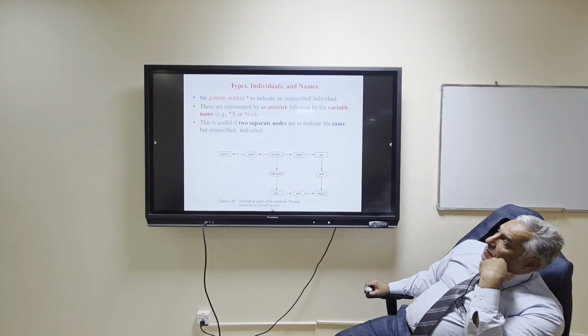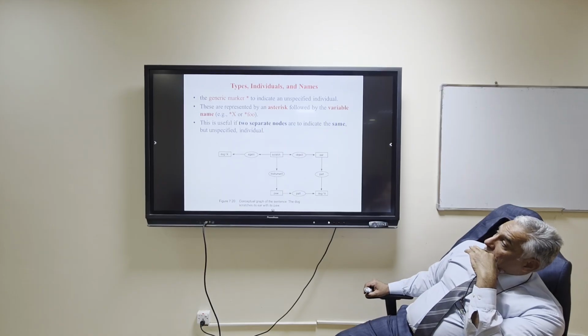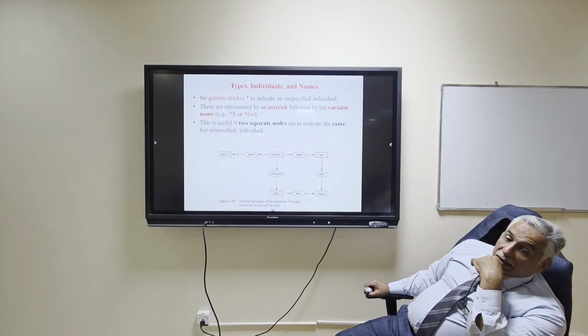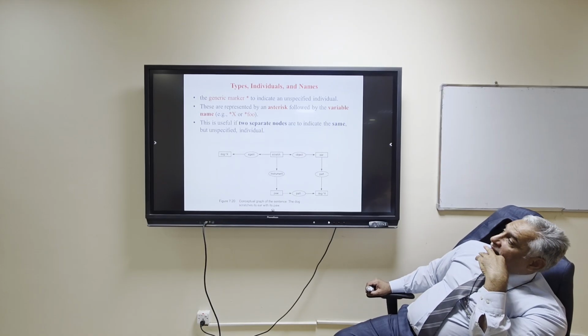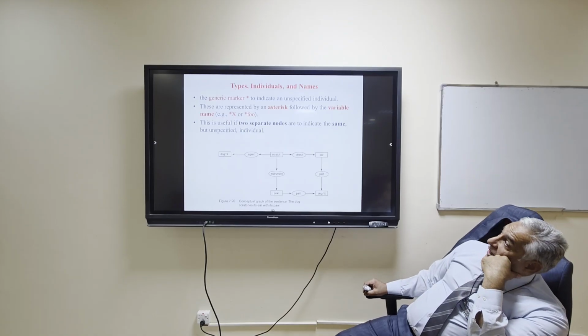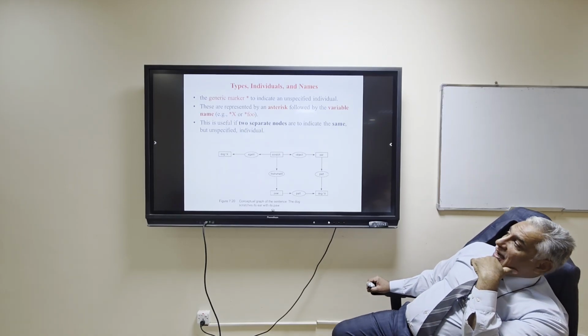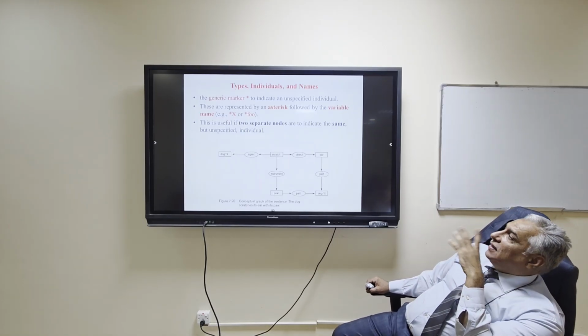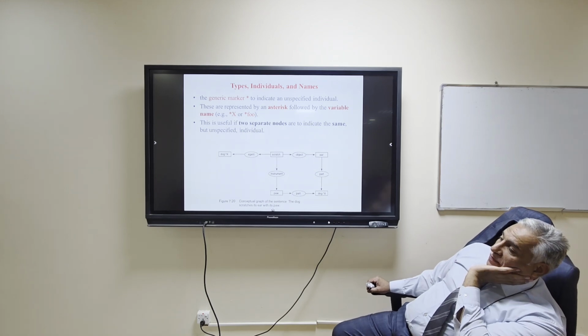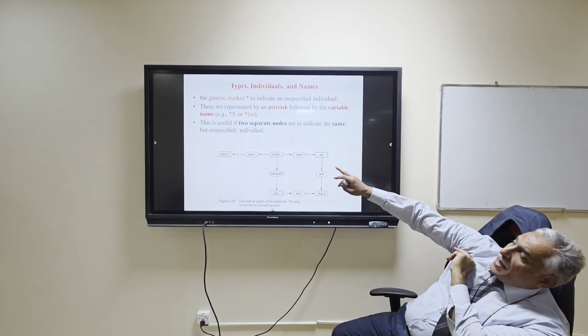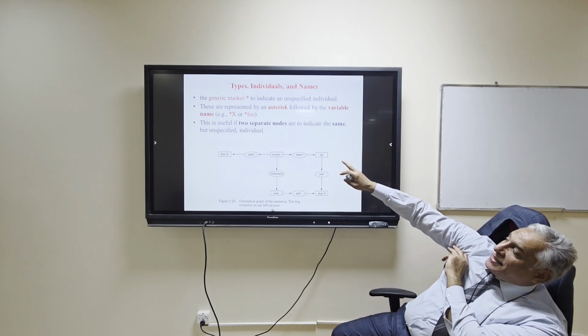Now the generic marker, star, is used to indicate an unspecified individual. These are represented by the asterisk followed by a variable. For example, star X and star foo.